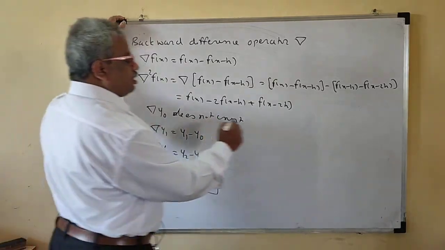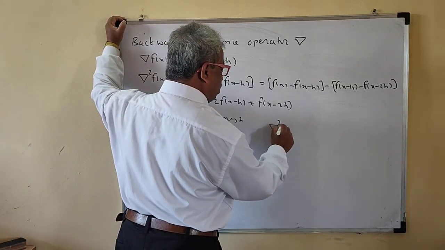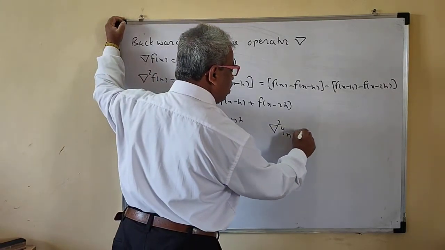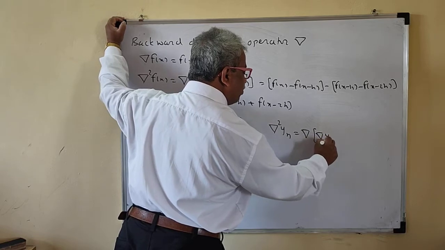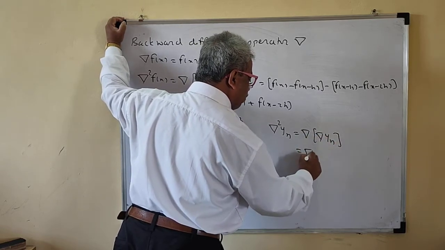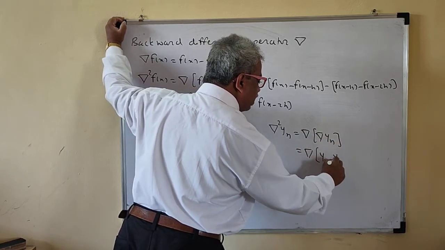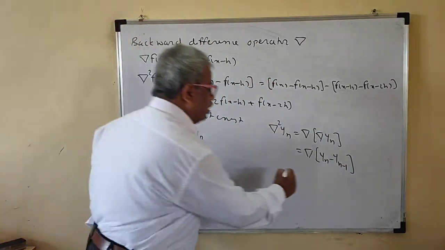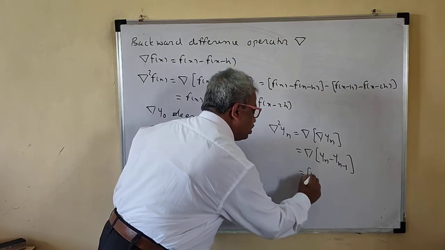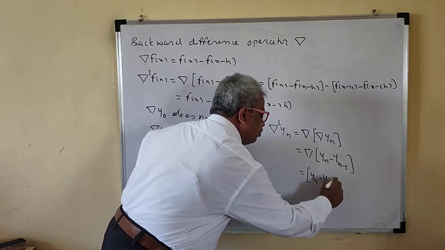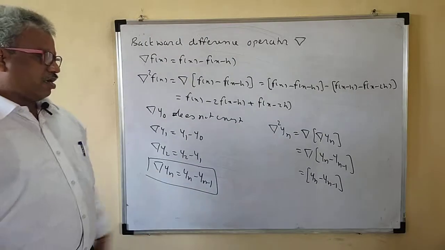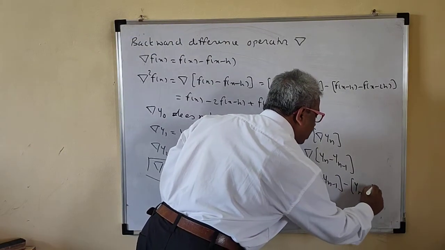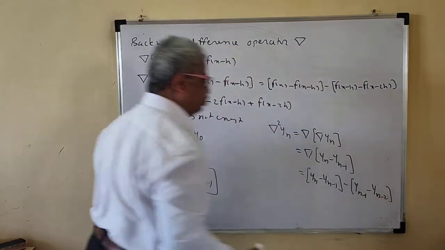Now we obtain the general formula for nabla square yn. So this is nabla of nabla yn, which is nabla of yn minus yn minus 1. काय केलं आता इथे काय होणार सफिक्स हे तसंच ठेवायचं बरोबर आणि सफिक्स एक न कमी करायचा आता. सो इथे आले yn minus 1 minus yn minus 2.